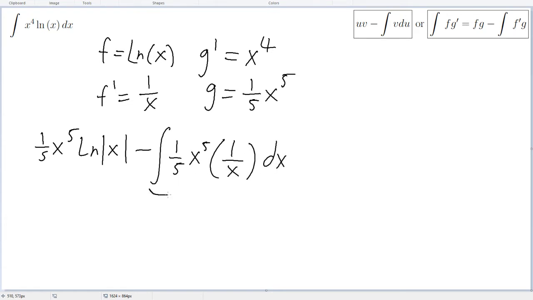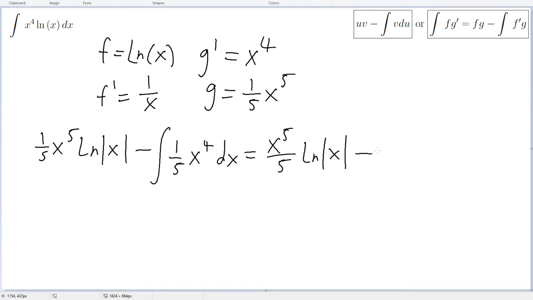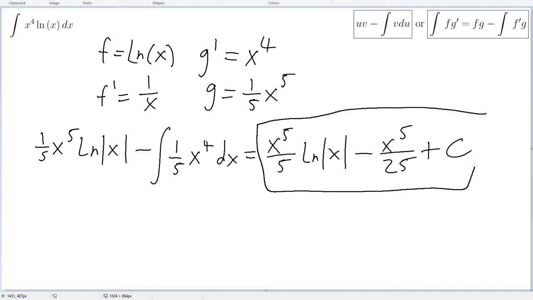And this portion actually simplifies to x to the power of 4, right? And it's a simple integral. You just do power rule, right? So now we could just rewrite this as x^5 ln x minus, and then the power rule again, plus c, and then you're all done.